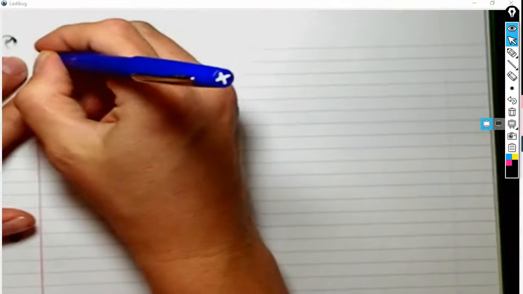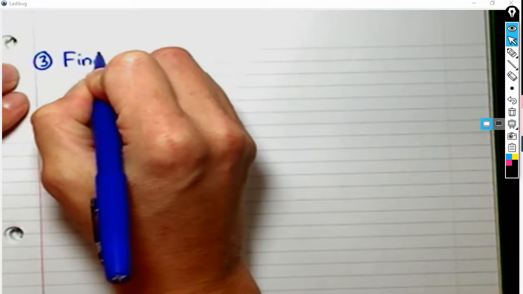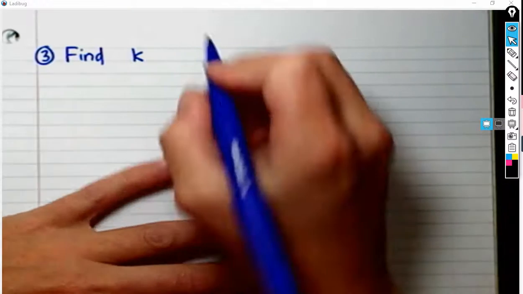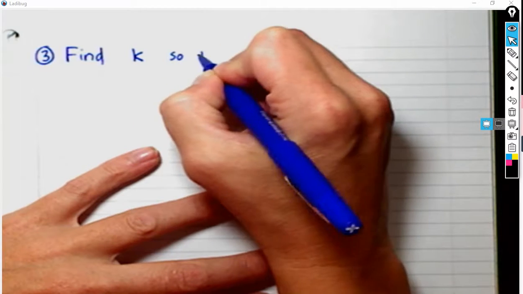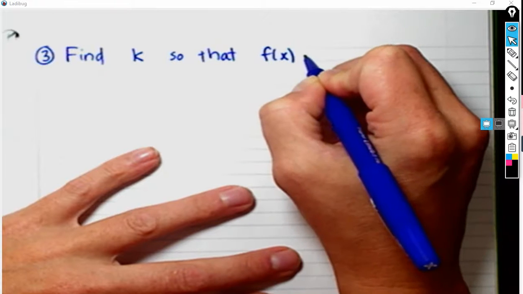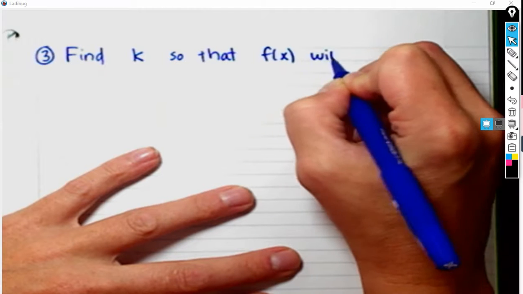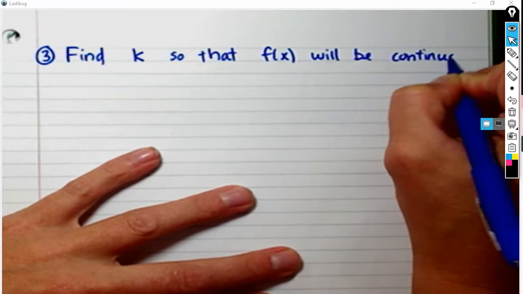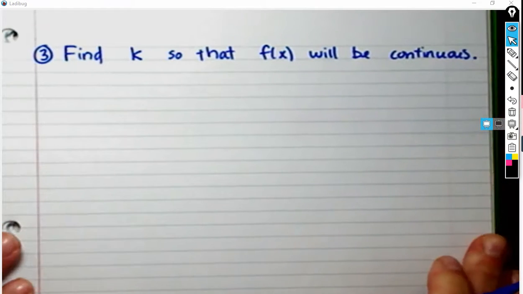You guys can do 3. Find k so that f of x will be continuous. All right.